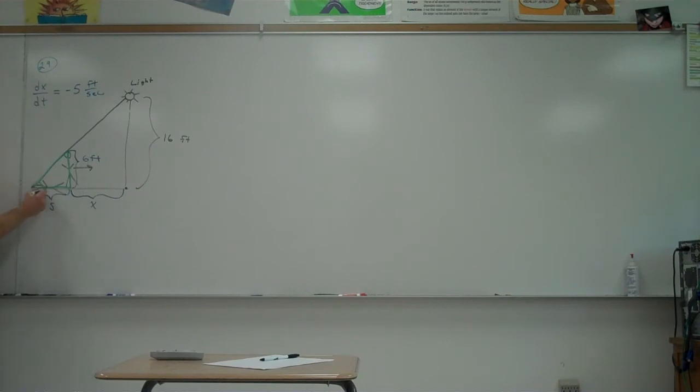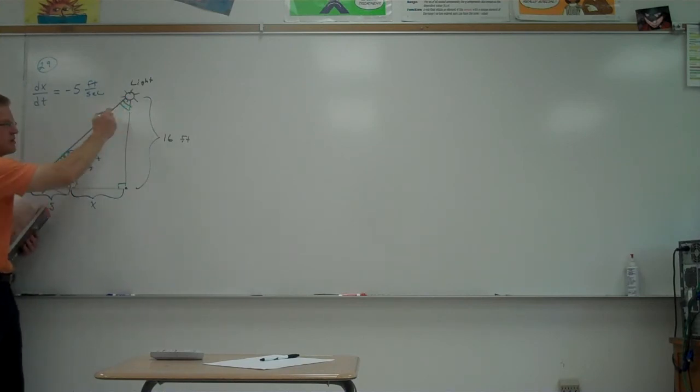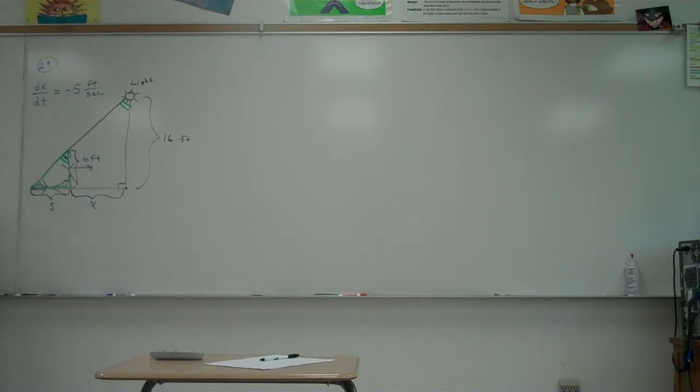This angle would be congruent to itself. Both of these angles are 90 degrees. So then that would mean that these two angles would also have to be congruent right here. So we have all three angles equal. So by side, side, side, we know that the sides are proportional then. So we can set up a proportion.